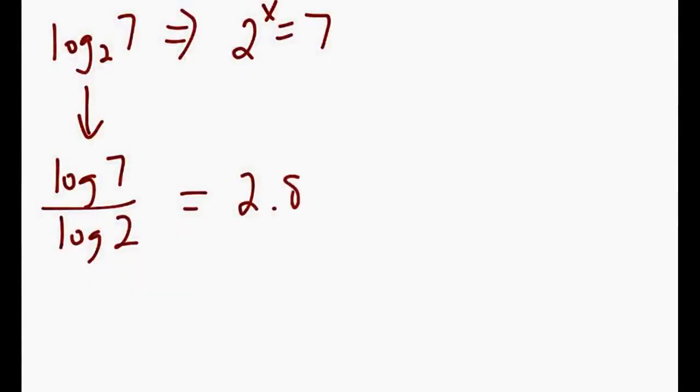So our better solution is to just leave it in log form and solve it as log 7 divided by log 2. We do that on our calculator, log 7, just type it in exactly like that, log 7 divided by log 2. We get an answer of 2.81 if we round off the decimal.